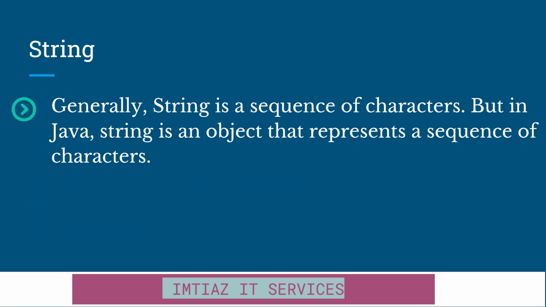We know that in C language, we also have the concept called a string. But the representation of a string in C is quite different when you compare it with Java. In C language, a string represents a group of characters that always ends with a null character.